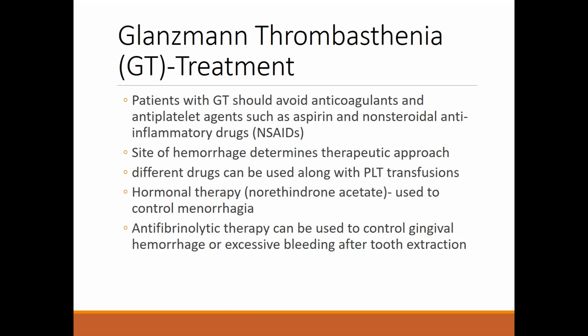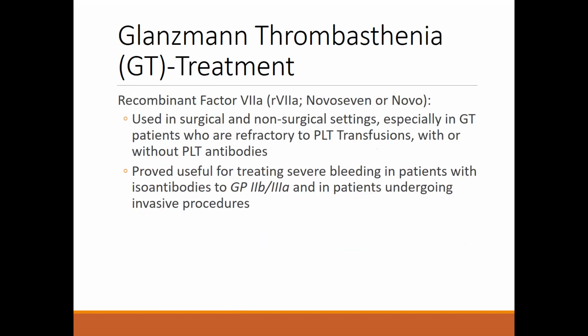So that has to be treated when that occurs. And anti-fibrinolytic therapy can be used to control the gingival hemorrhage or excessive bleeding after a tooth extraction or any minor surgery.